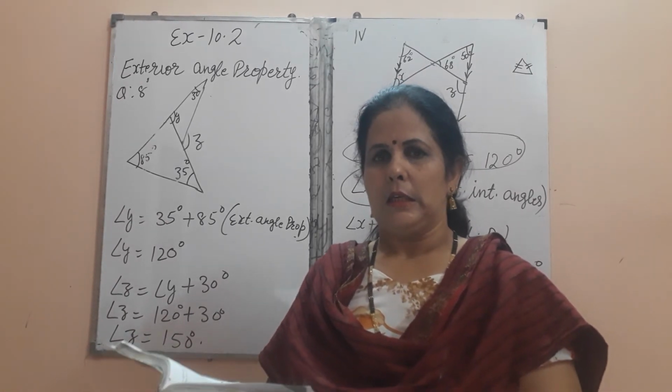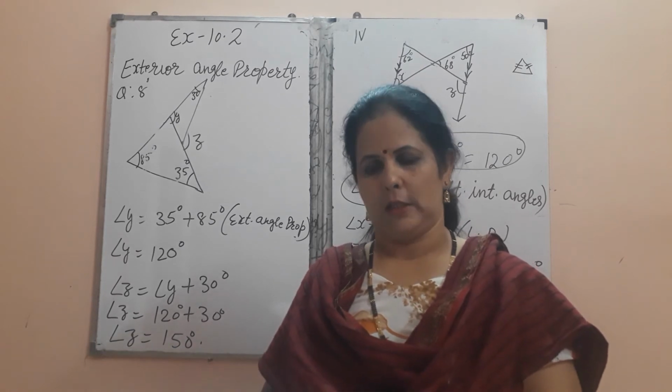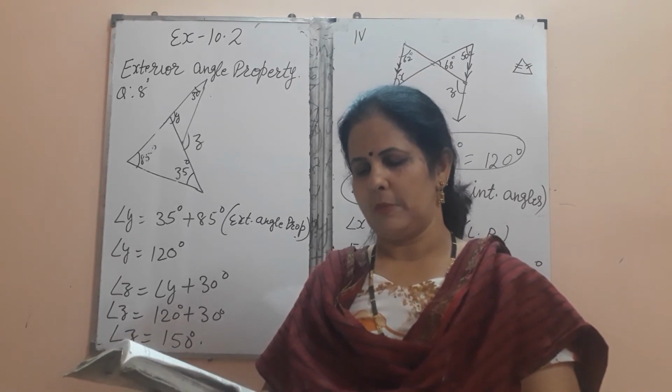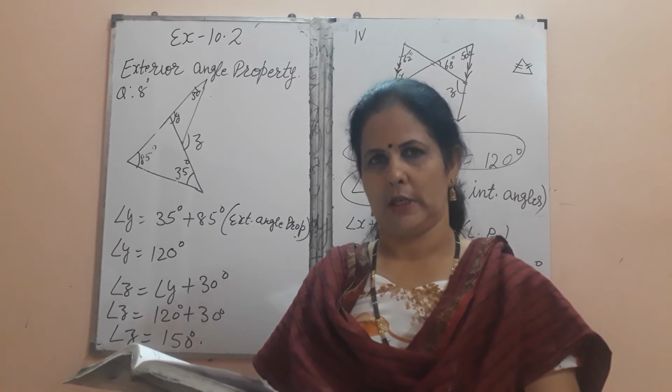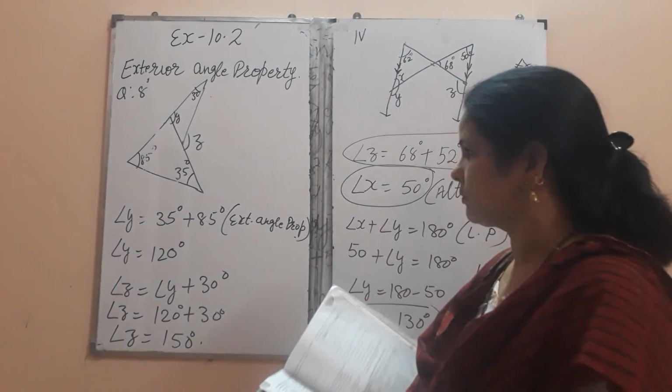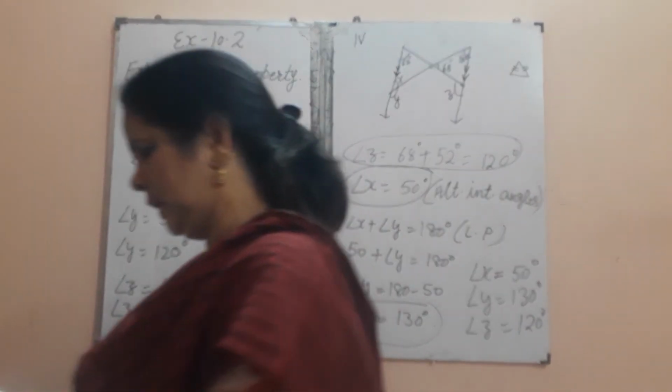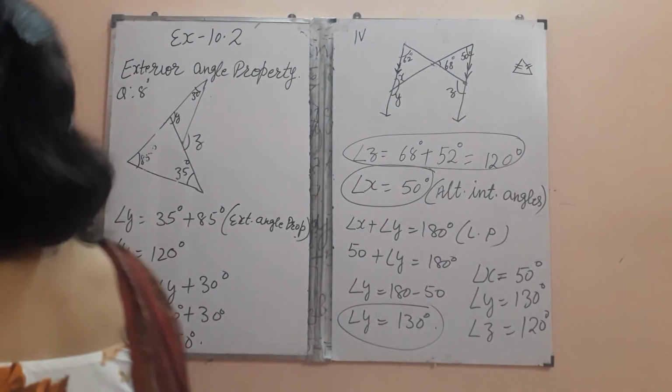Now come to the 9th question. This is the inequality property of triangle. Which of the following dimensions can be the sides of a triangle? This I will tell you. There are 4 questions, so 2 questions I will do.